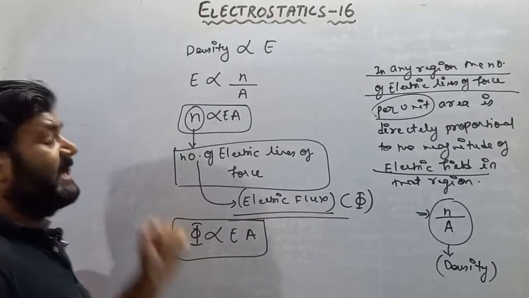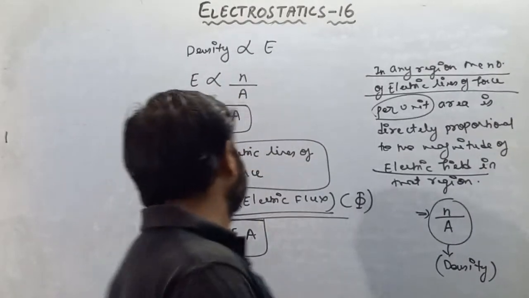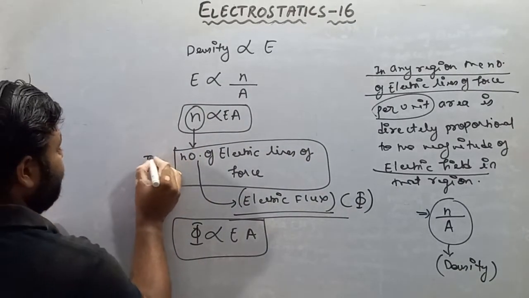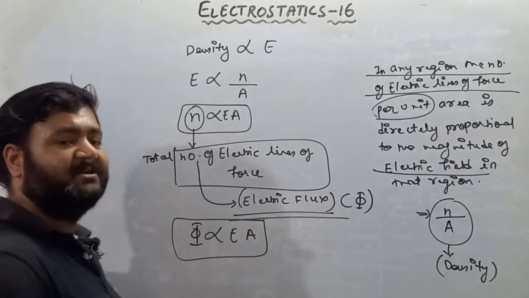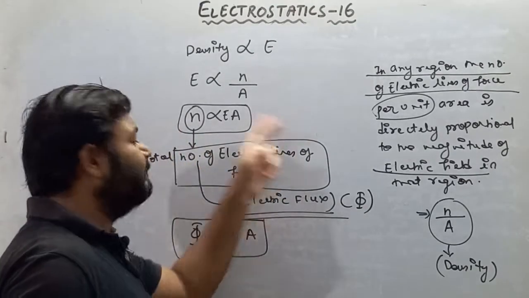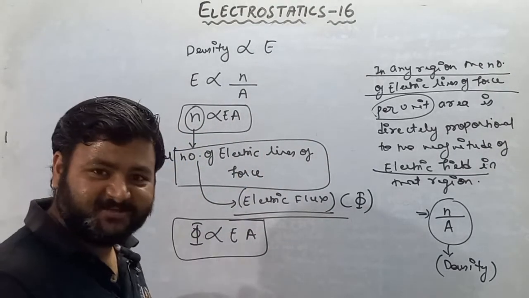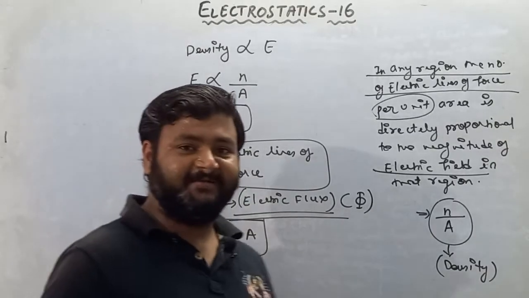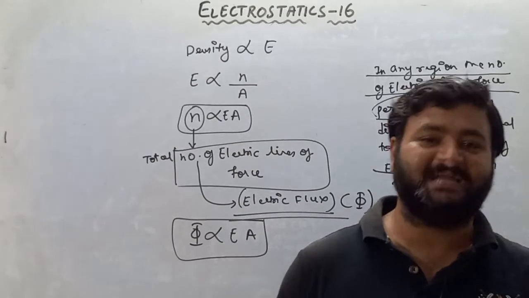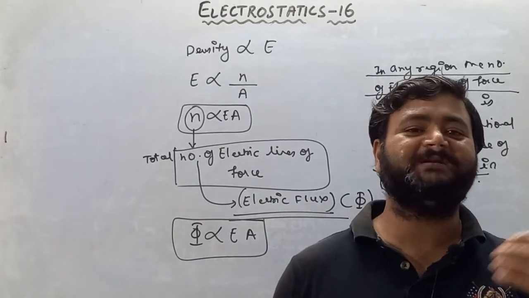And what is N? N is the total number of electric lines of force. Remember this, my dear student. This total number of electric lines of force is called electric flux.